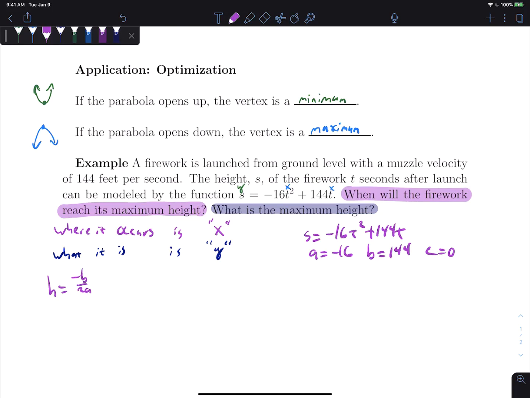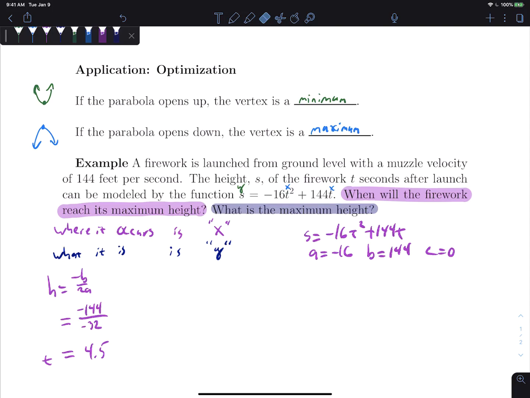So let's plug in the 144 and the negative 16. We get h equals negative 144, all over 2 times negative 16, which is negative 32. And actually do the division, type it into the calculator if you wish, and that's going to give you 4.5. Now, this is 4.5 for the t value.